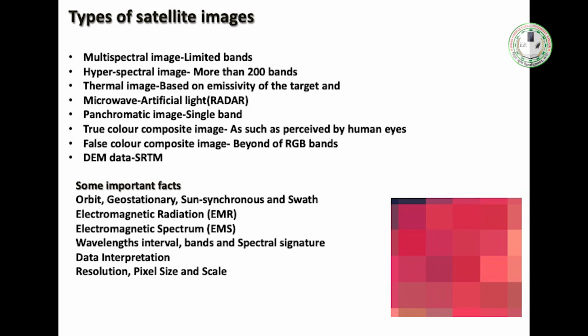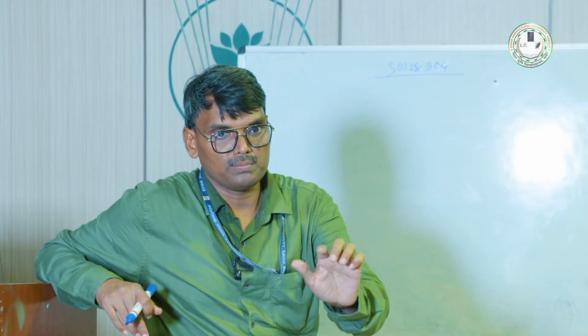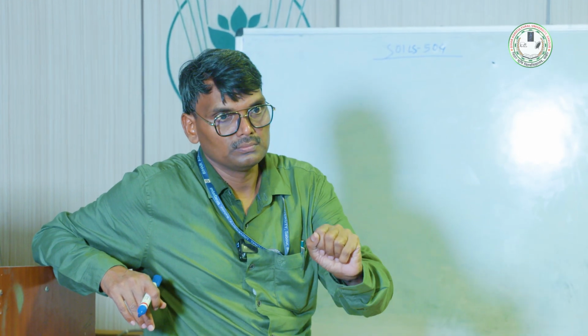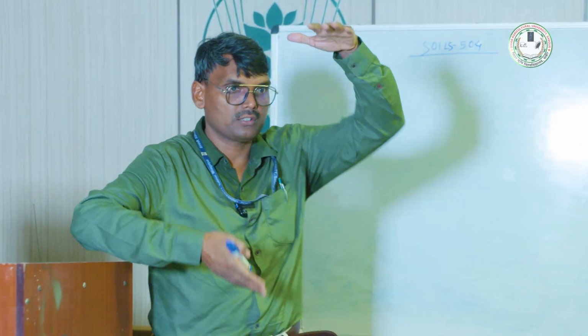And microwave, radar, we have discussed, radio detection and ranging. By using microwave data, we can interpret altitudinal variation or the height of the crop, field crop or object.